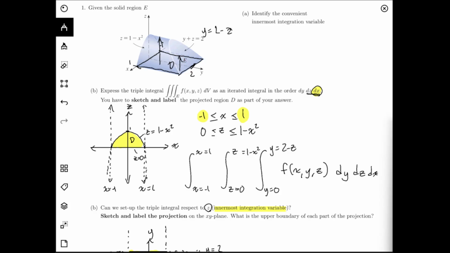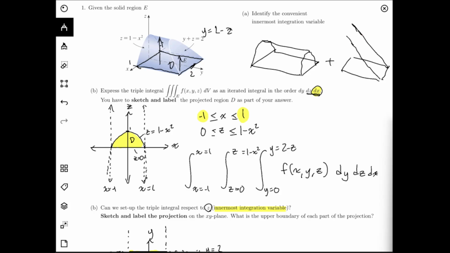That means we can't integrate the whole region of D over each set of lower and upper bounds. If we did, then that would look something like this, where we did the parabolic one, right? And we added that to the sort of wedge-shaped one.